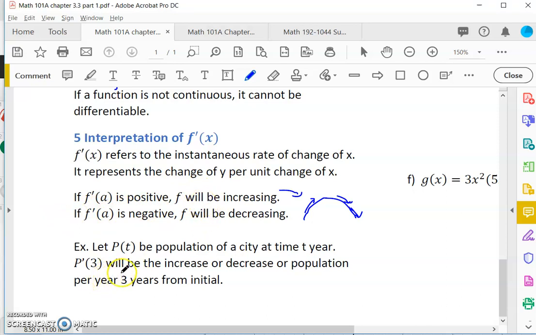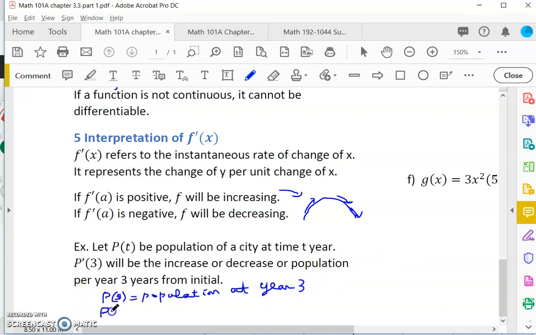So for example, P of t is the population of a city. If you plug in t, it would give you the population of the city at that time. So P of 3 is the exact population number at year 3, 3 years from now.